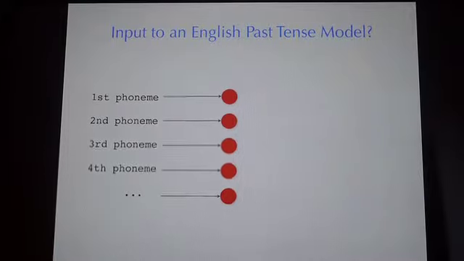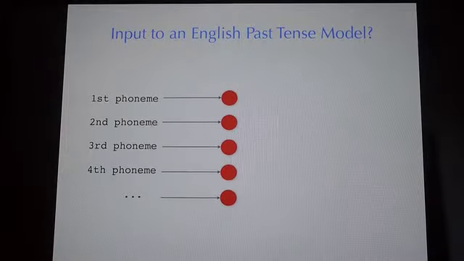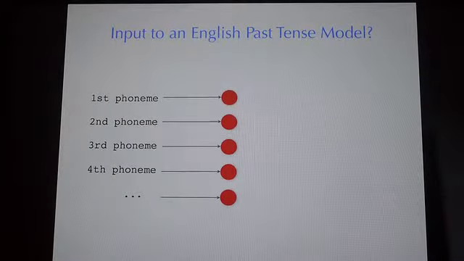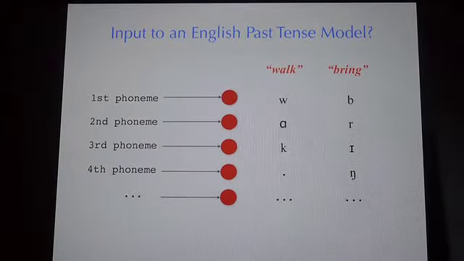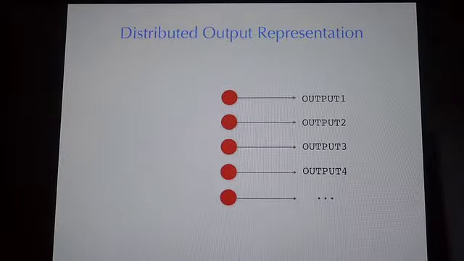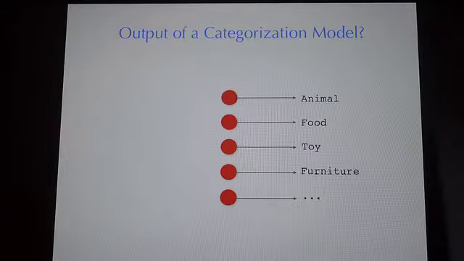For example, depending on the model of phonology, it could be a set of phonemes that form the root of the verb, or it could be a set of syllables, or if you're actually modeling the written form, this could be a set of characters or letters that form the root of the verb. For example, for the word walk, you can see the phonemes that the model receives as input. Similarly for the word bring.